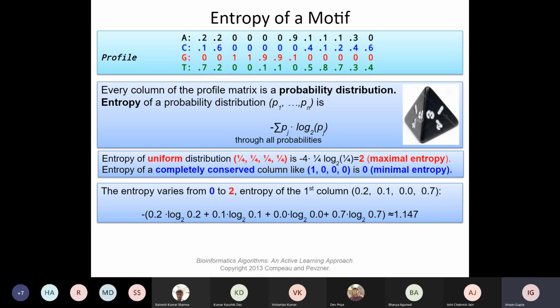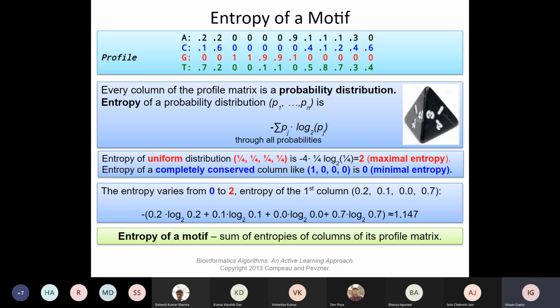That tells you whether, by adding one more column, or by having a k-mer that goes from 12 to 20, adding 8 nucleotides, you are actually adding more information or not. This score has been scaled for the length of the k-mer, so it tells you the average entropy you're capturing per motif. The entropy of the motif is the sum of the entropies of the columns of its profile matrix.